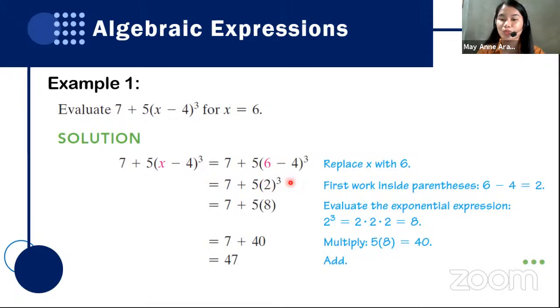Raised to 3, that is 2 times 2 times 2. Common mistake, ginagawang 2 times 3, but since ito exponent, you have 2 times 2 times 2. You have 2 cubed, that is equal to 8. After that, multiply 5 times 8, that is 40, plus 7. After that, add, so 47. That is the result, 47.